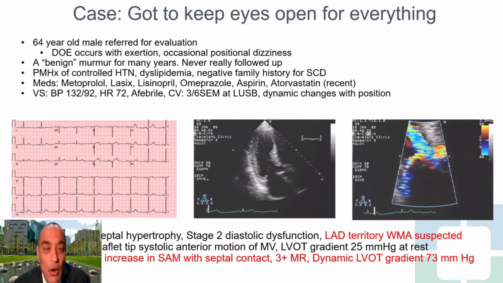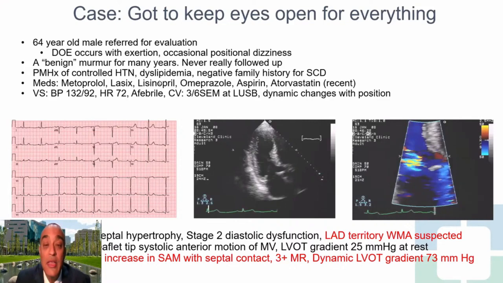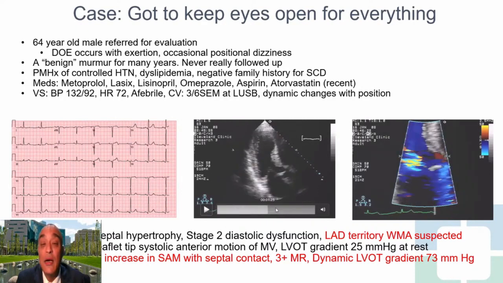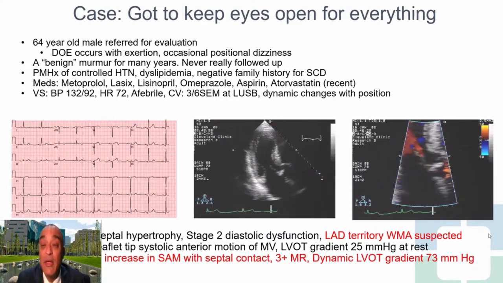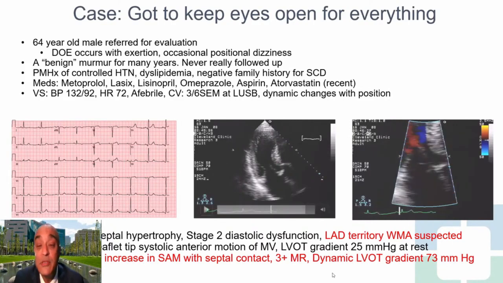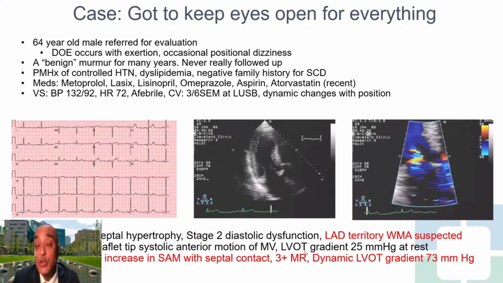The EKG on the left bottom shows some non-specific ST-T changes, but otherwise nothing. The echo shows a suspected LV wall motion abnormality, but the patient also has systolic anterior motion of the mitral valve, which is confirmed on these Doppler images, showing outflow tract turbulence with a posteriorly directed jet of MR. So this person has what we thought was an LAD wall motion abnormality, but also SAM.